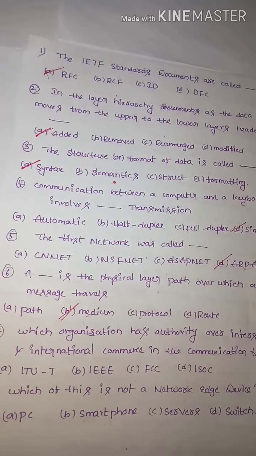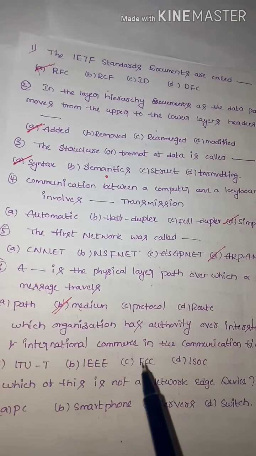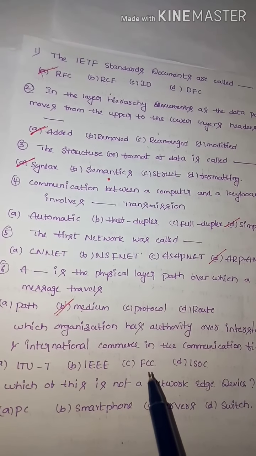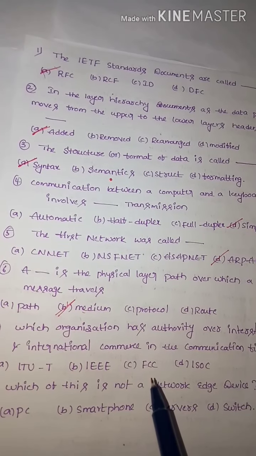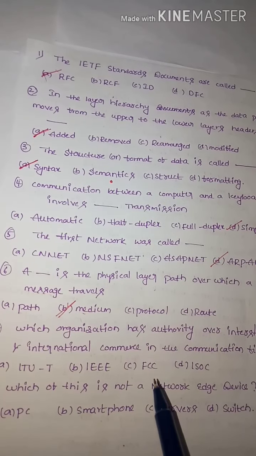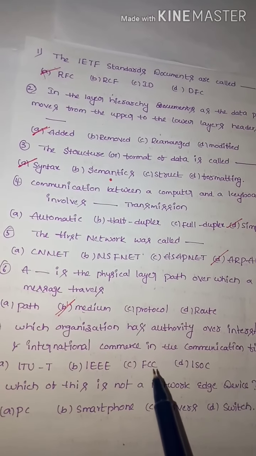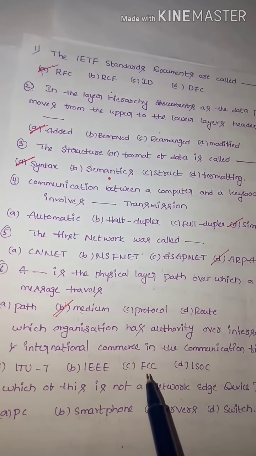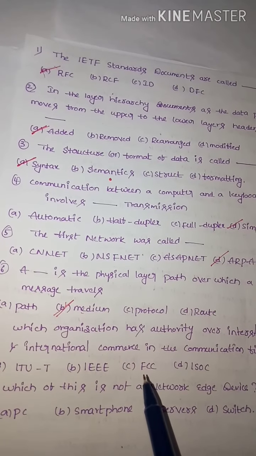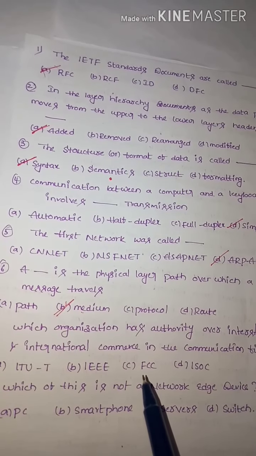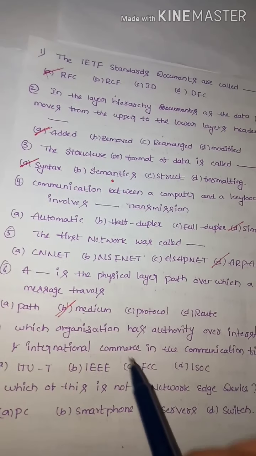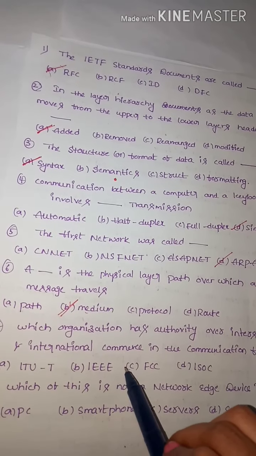Here FCC is the abbreviation for Federal Communications Commission. FCC is responsible for regulating all interstate communications, established in the USA in the year 1934. So the FCC is the correct answer.